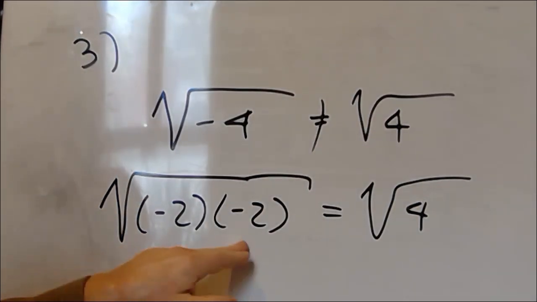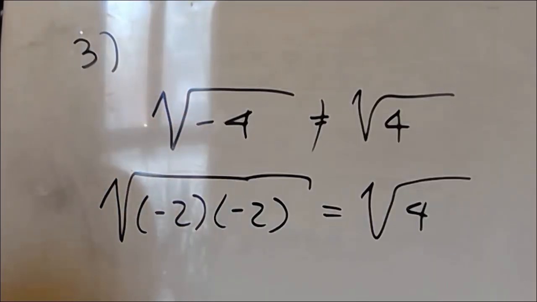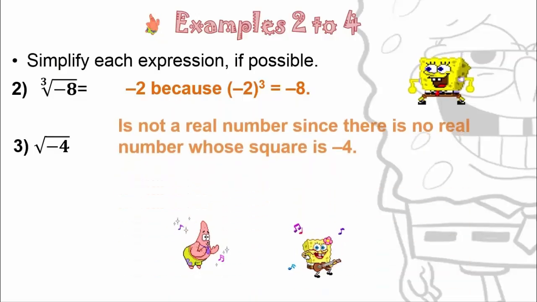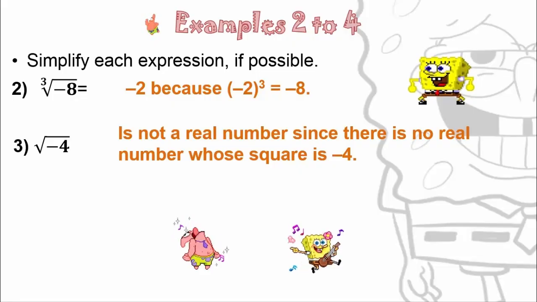That's an example of why we cannot have an even index with a negative number underneath our radical sign. Reviewing what we learned on the whiteboard, we found it is not a real number since there's no real number whose square is negative 4.